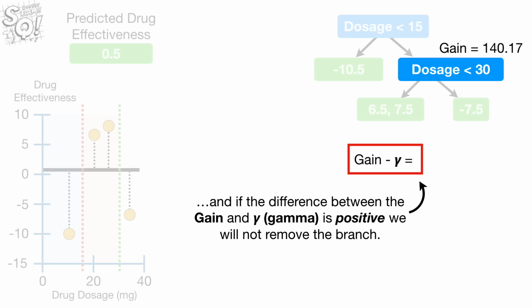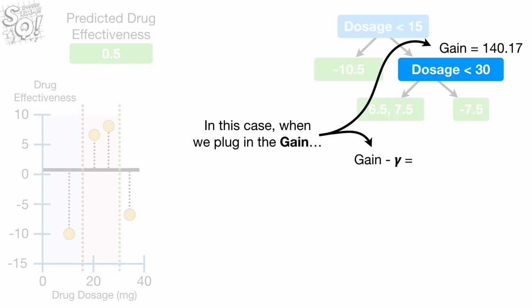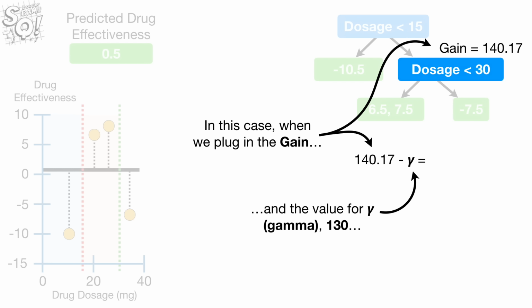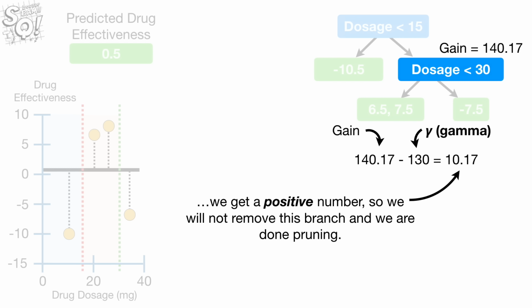And if the difference between the gain and gamma is positive, we will not remove the branch. In this case, when we plug in the gain and the value for gamma, 130, we get a positive number, so we will not remove this branch and we are done pruning.